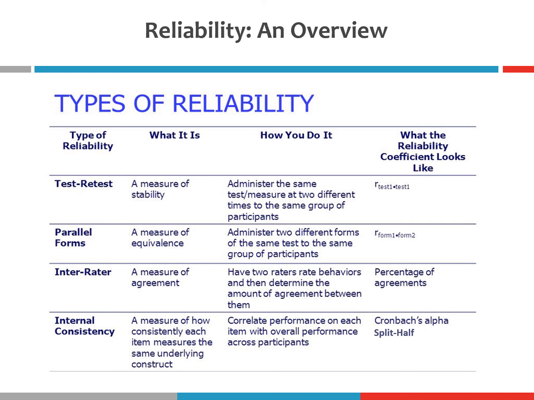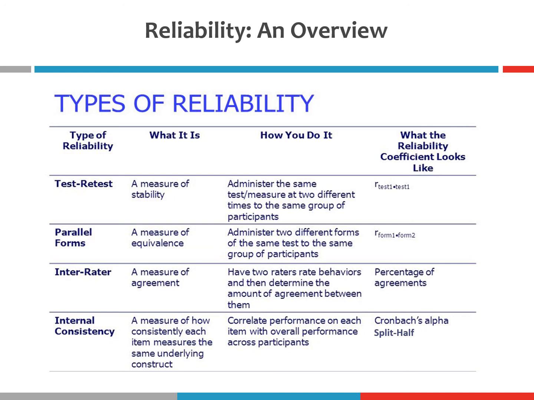It tells us whether our test is stable or not over time, right? So if we wanted to use test-retest reliability, we would administer a single test at 2 different times to the same group of participants.